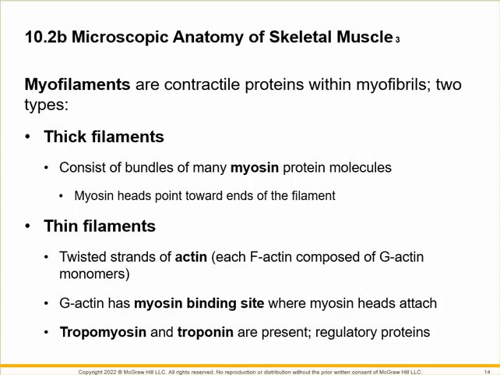And there are thin filaments that look like twisted Mardi Gras beads, strings of pearls. Each bead on the string is a protein called actin. There are two other proteins involved with the thin filaments, tropomyosin and troponin, and they are regulatory proteins.